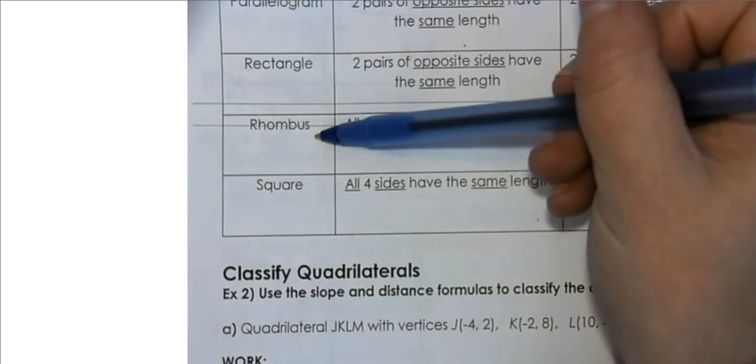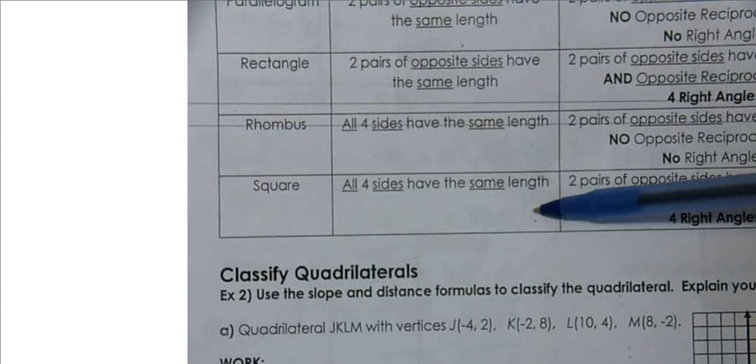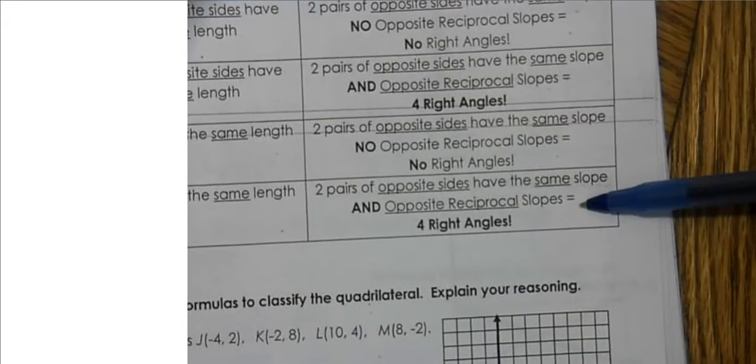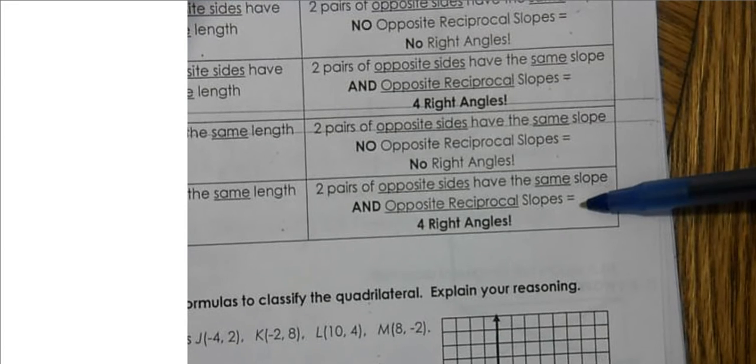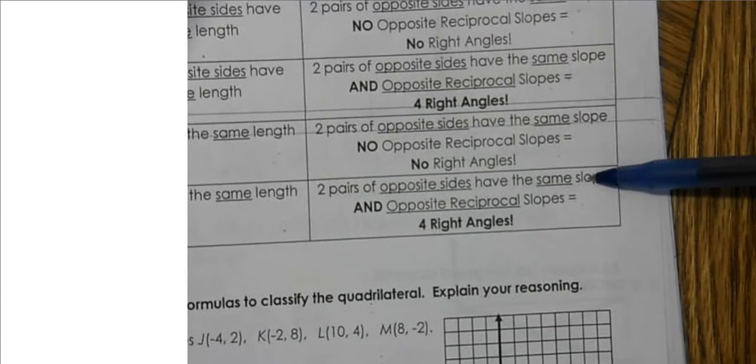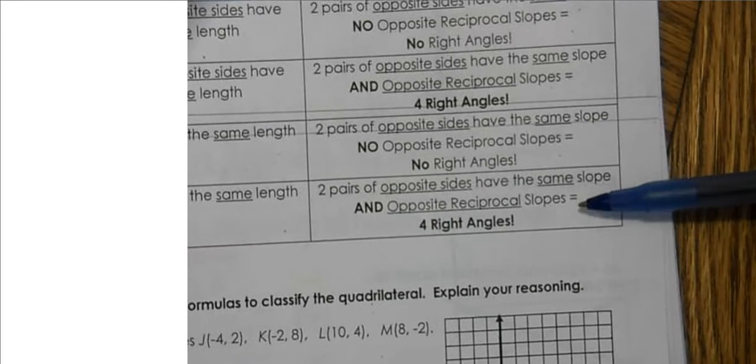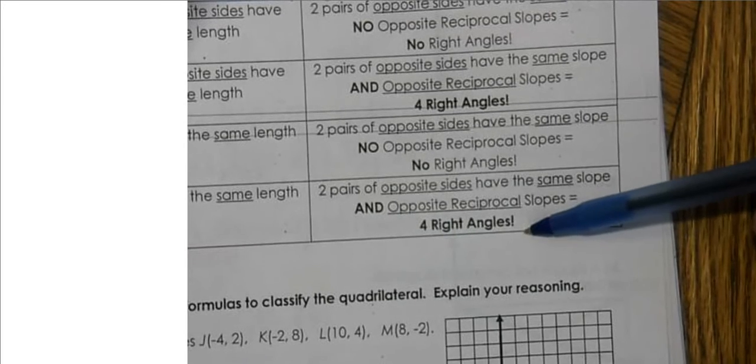But if you notice that all four sides have the same length, and after analyzing the slopes, you notice that the opposite sides have the same slope, and when you put them all together, you end up with opposite reciprocal slopes, then that indicates that you have four right angles, and therefore you have a square.